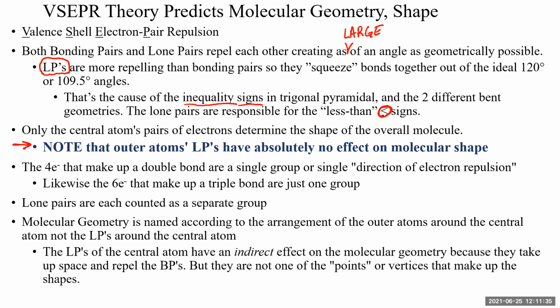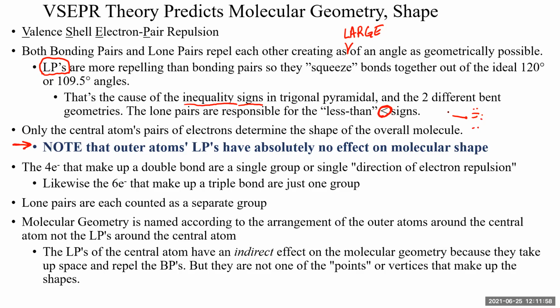Okay, so I'm going to repeat this because it's so important. Only the central atom's pairs of electrons determine the shape of the overall molecule. So the outer atoms may have lone pairs all around them, like fluorine, for example, being an outer atom, may have a bunch of lone pairs, but those lone pairs have absolutely nothing to do with the shape of the molecule.